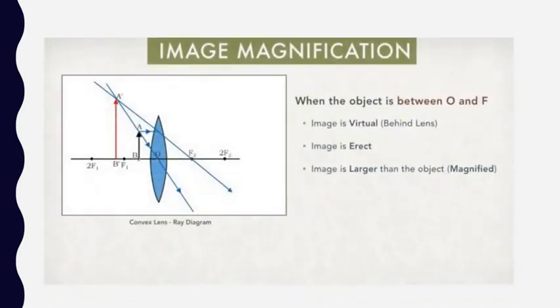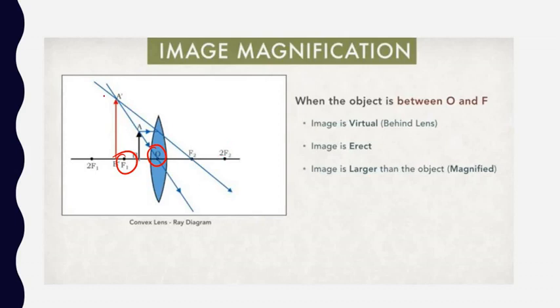This one right here, you will get your image magnified, virtual and erect, but behind the lens. When you keep your object between the optical center and F, that is, between F and O, you will get an image behind the lens, not here.